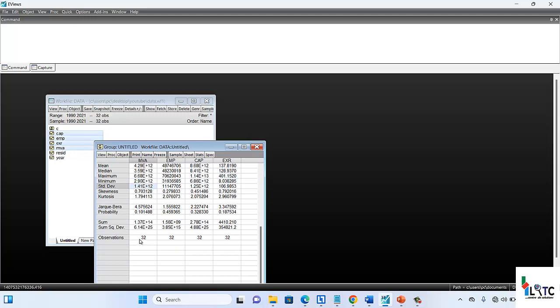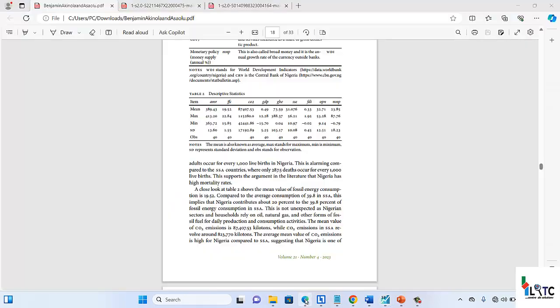Now I have explained observation. It tells us the number of observations in our data set. Okay, now I want to take a look at three different papers so that you will see how they present descriptive statistics and how the authors explain descriptive statistics in their paper.